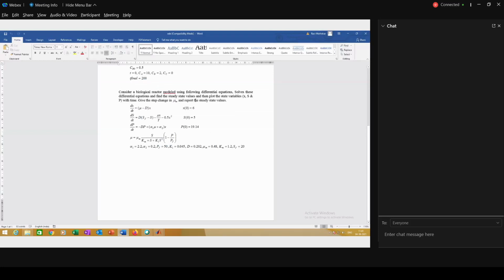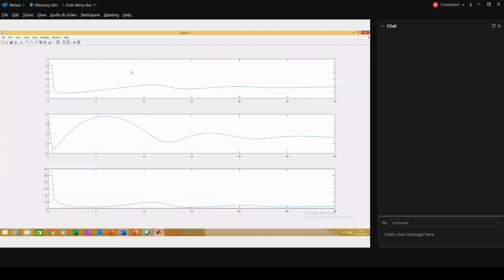Find the steady state values and then plot the state variables with time. Okay, so we did this. These are the steady state values. If you click here, you will find the steady state value of this. The x value is 29.2, the y value is 2.742.